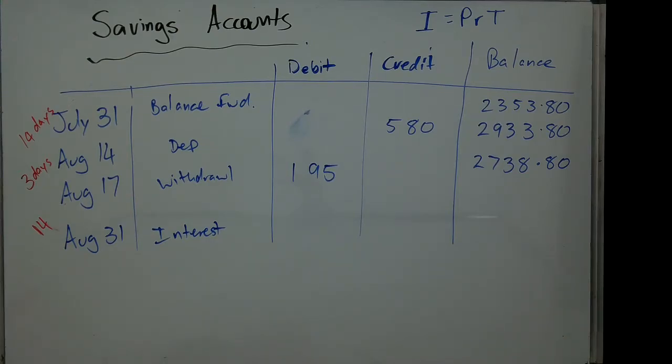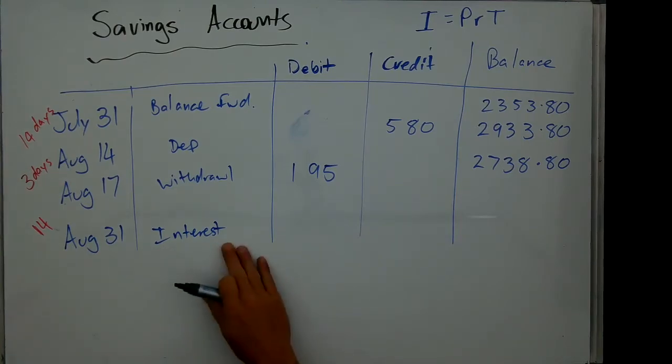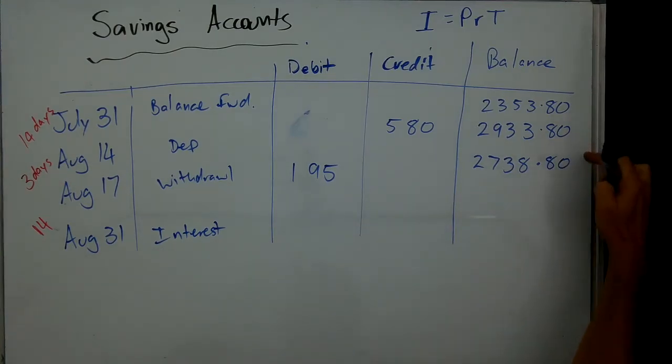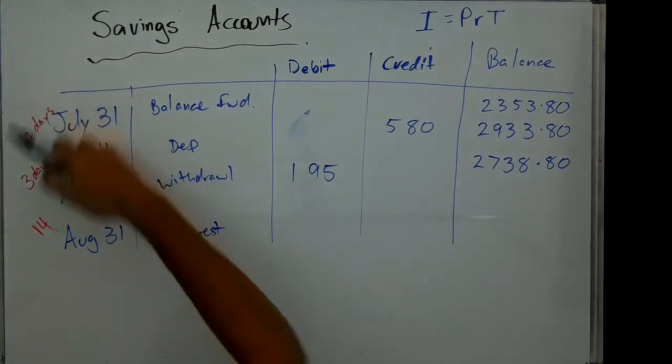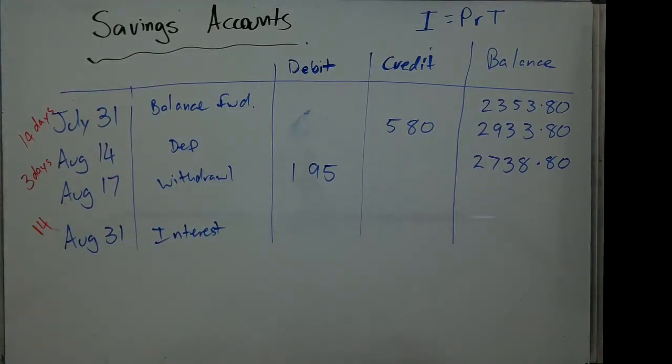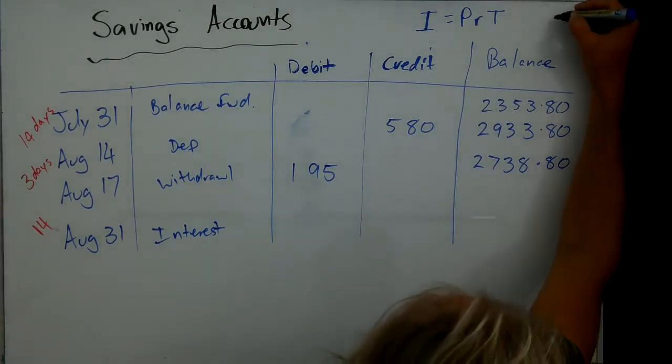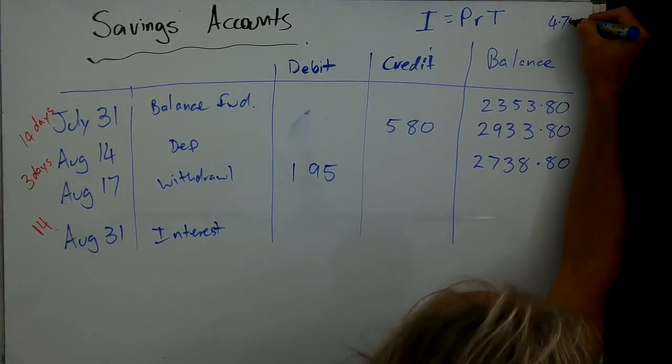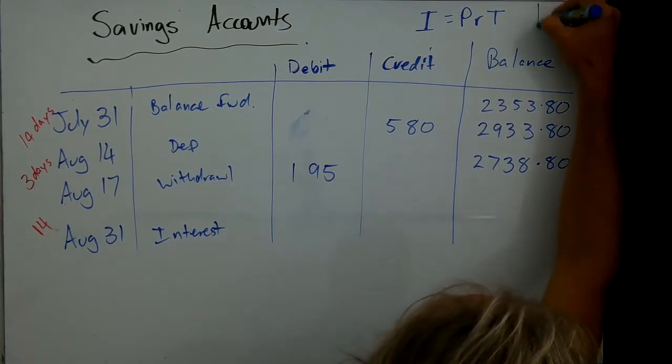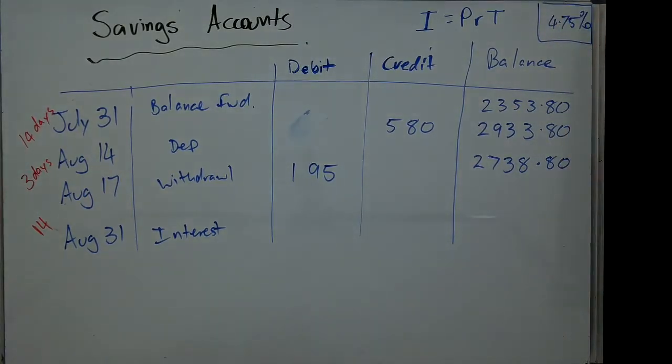Okay, so now we need to calculate the interest at each of these balances for this many days. And our rate was 4.75. Let's just plop that in the corner.